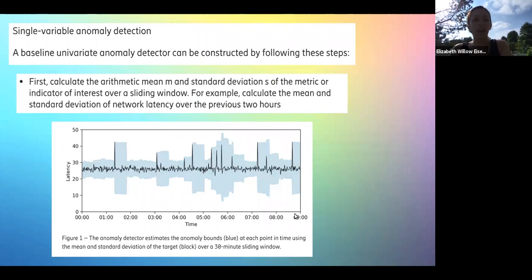They call this a baseline univariate anomaly detector, and they go over the steps to construct it. First, you calculate the arithmetic mean, which just means the regular mean, and then the standard deviation of whatever metric you're using. They calculate the mean and standard deviation over a sliding window.